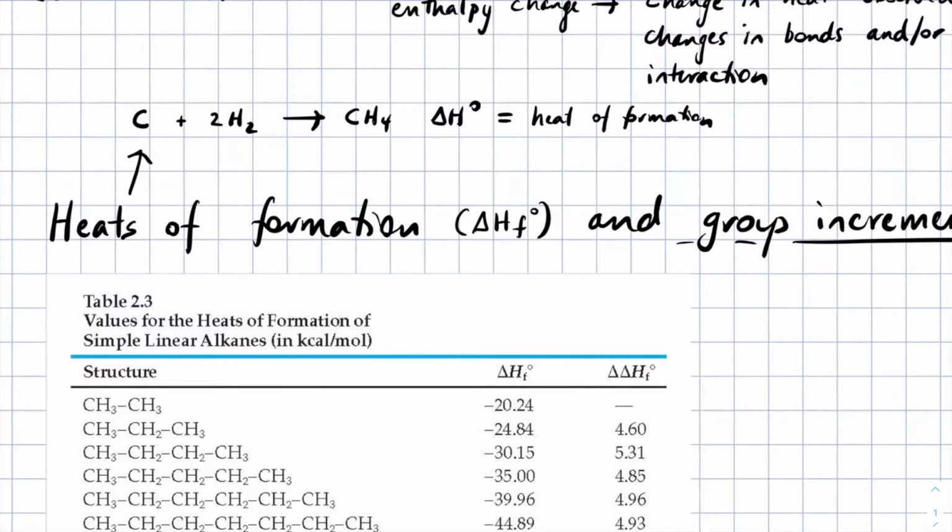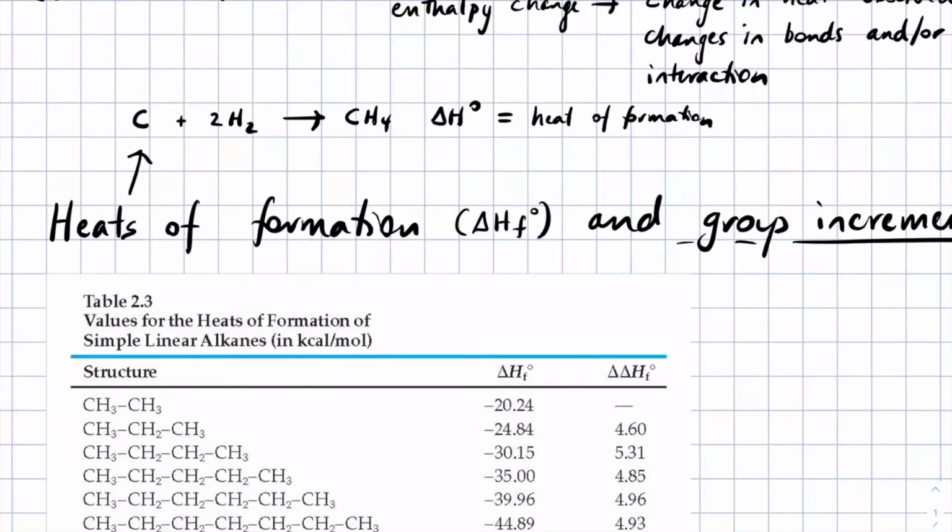So, for example, we can compare in table 2.3 the heat of formation for ethane, which is minus 20.24, versus the heat of formation for propane, which is minus 24, and so on.